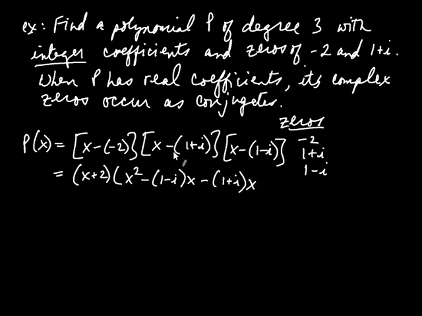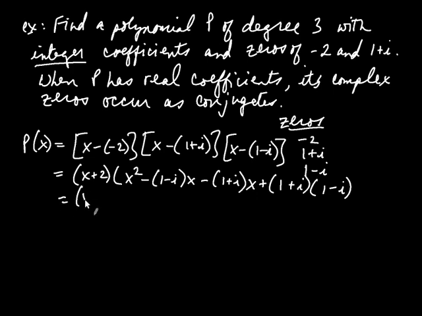And then finally, this number times that number, so it's going to be plus 1 plus i times 1 minus i. Okay, and the plus, because the negative and the negative was positive.